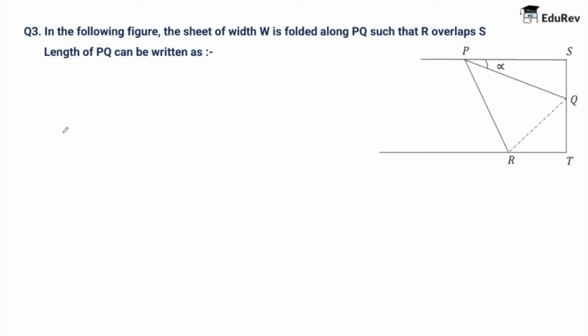So the next question states that in the following figure, the sheet of width W is folded along PQ such that S overlaps R. The point is that this point R will be on top of point S. Now when this happens, PS and PR will overlap each other, and the triangle PSQ and triangle PRQ will be congruent.